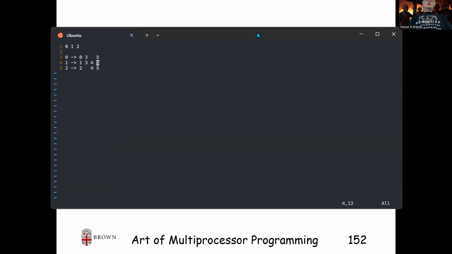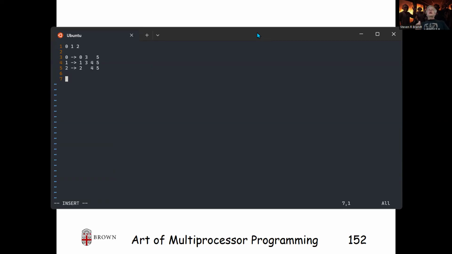And so now I can do the following. I can have 6 locations all initialized to null. Thread 0 can move, and it can write 0, 3, and 5. And it can look at location 1, and if it sees a null, it knows thread 1 didn't move, so it knows it beat thread 1.